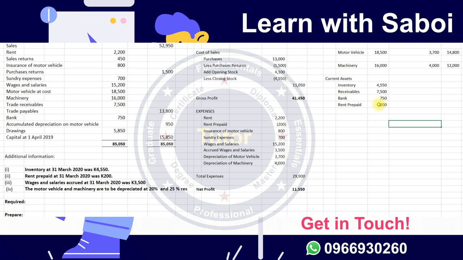So it's an asset. What you have paid is yours; you have paid in advance, so you deserve a service. Rent prepaid 200, and this information was given under additional information. Okay, good. I hope you're getting it.